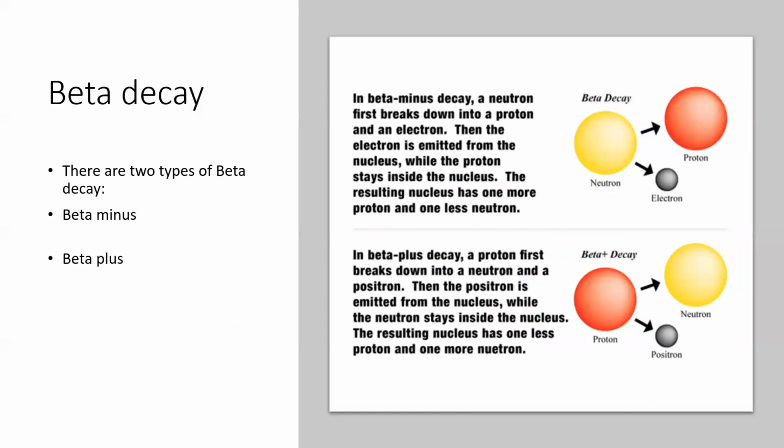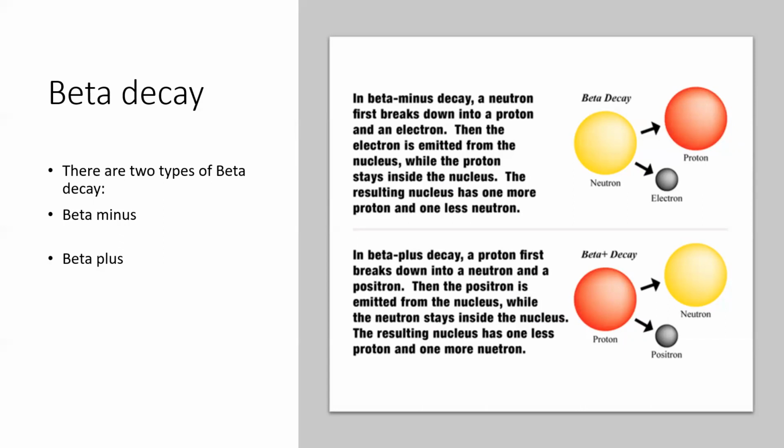Beta decay. There are two types of beta decay, beta minus and beta plus. Let's focus first on beta minus decay. Beta minus decay happens when a nucleus has too many neutrons and becomes unstable. Then one of the neutrons breaks down and converts into a proton. Because it is converting into a proton, a plus charge, an electron is also created and emitted from the nucleus.